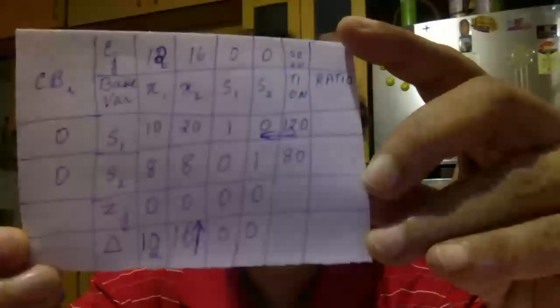Now we have, see this properly. I repeat, we need to find out which is the departing variable, x1, x2, s1 or s2. So what we do is identify a key row and a key column.